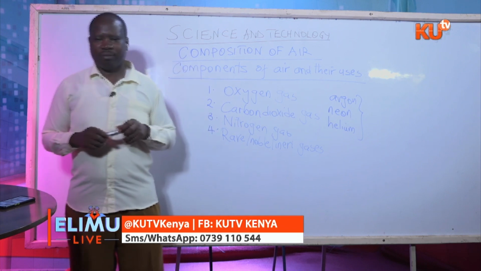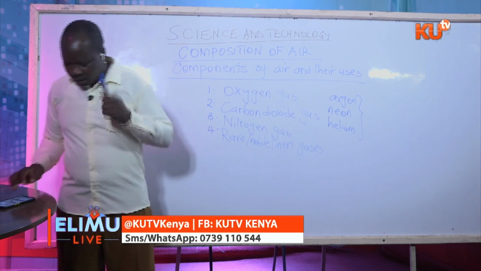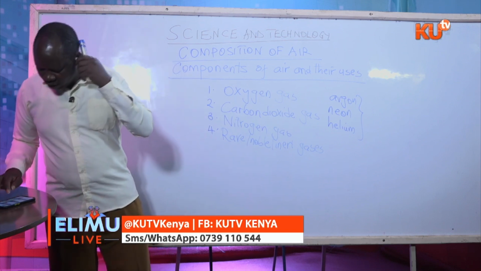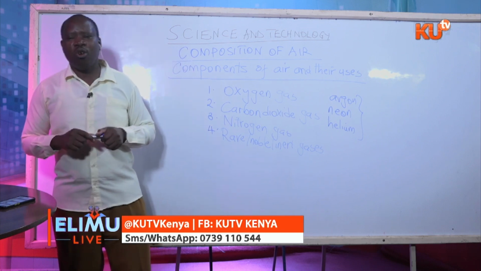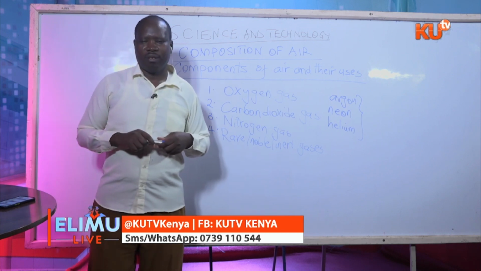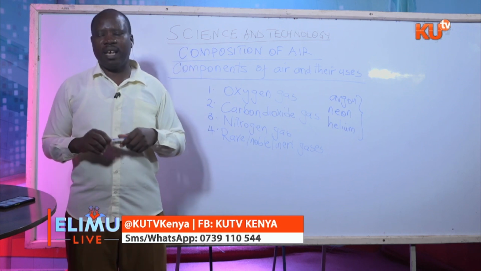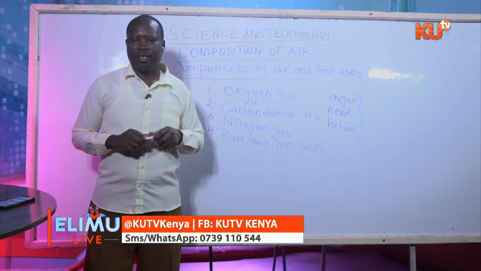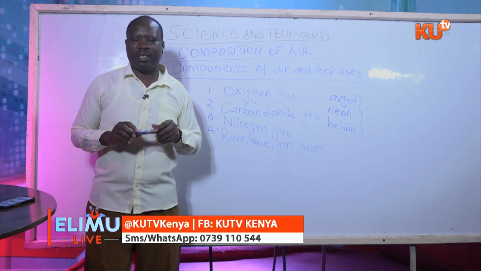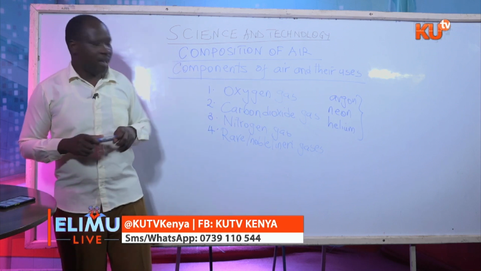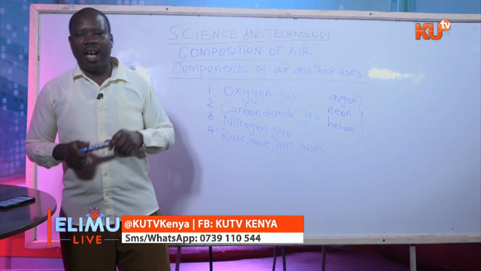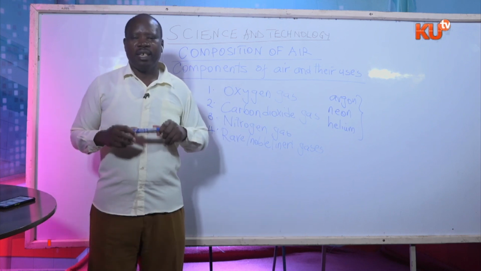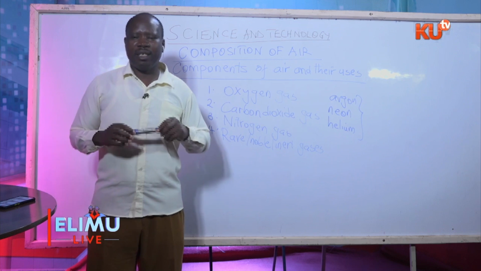Use number 3 of nitrogen. Nitrogen is also used to make fertilizers. Nitrogen is used to make fertilizers, and that is why we learn about different types of fertilizers, and we have an example called nitrogenous fertilizers.